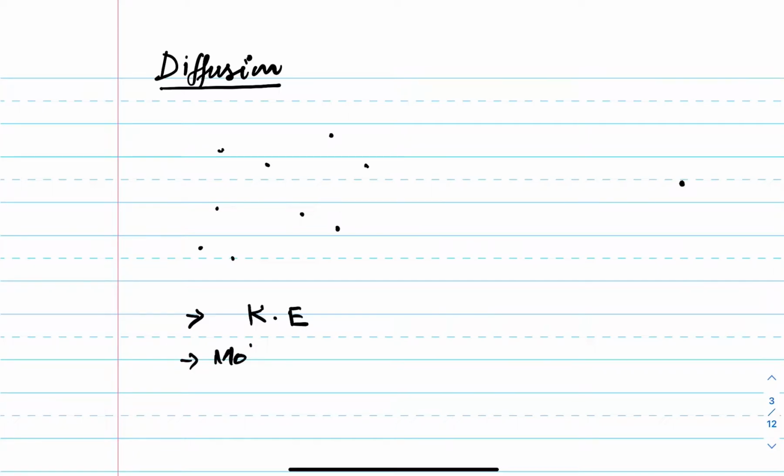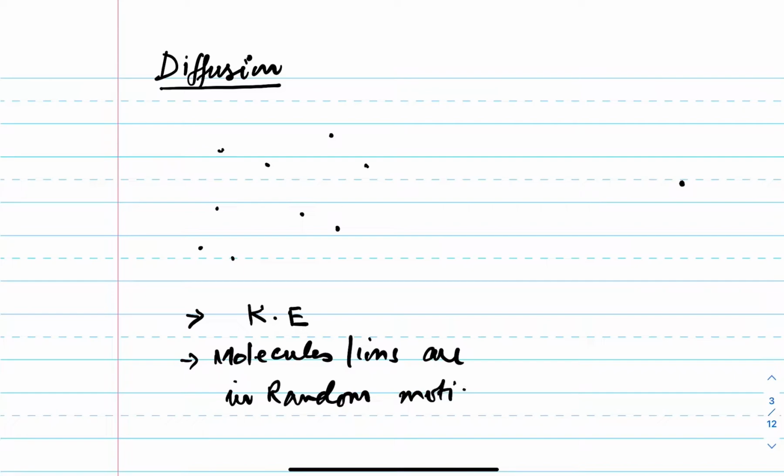So these molecules or ions are in random motion due to their kinetic energy.